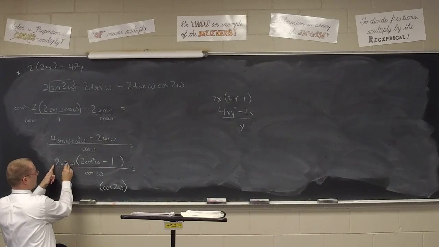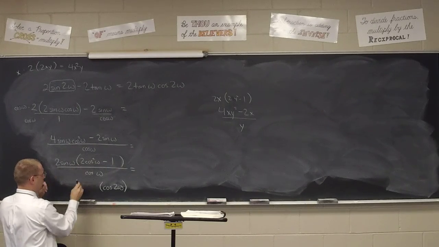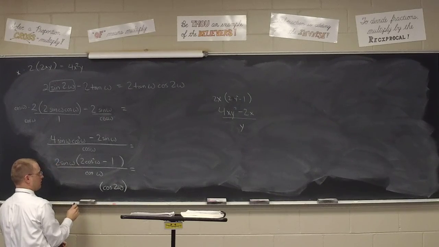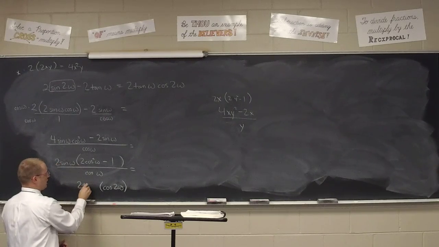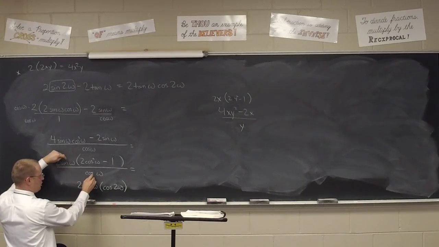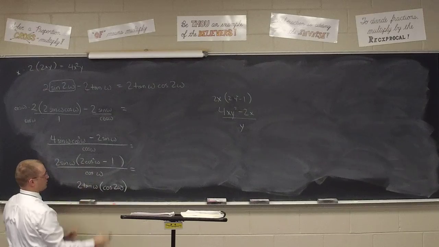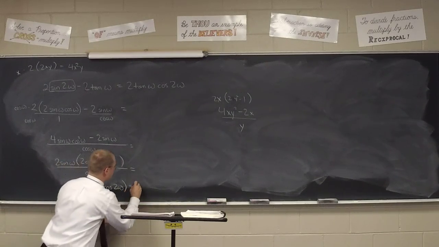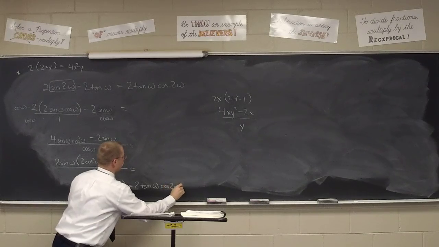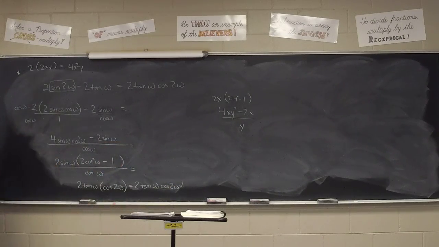And I've got a 2 sine over cosine. Well, what is sine over cosine? Tangent. So that's 2 tangent omega, cosine 2 omega. That's exactly what we wanted. But we've got to be very careful with our algebra.